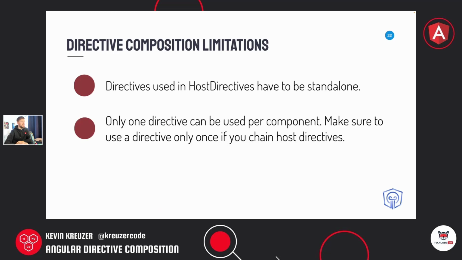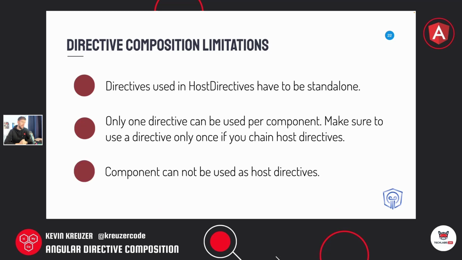This is another thing that we haven't seen in the example, but whenever you start to use host directives, you can only use one directive once. So this is very easy to avoid, but it could be a bit more tricky once you start to chain directives. If you have those chains, a directive also has to be unique within a chain. And last but not least, a component cannot be used as a host directive. That's another limitation.